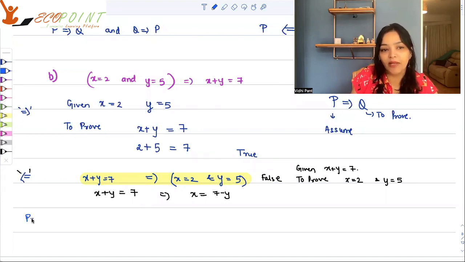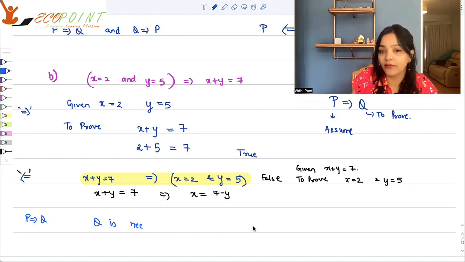So in P implies Q, Q is necessary, right? So here, is Q necessary? Is it necessary that x has to be equal to 2 and y has to be equal to 5? Absolutely not.